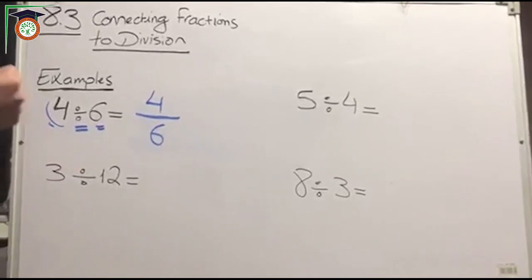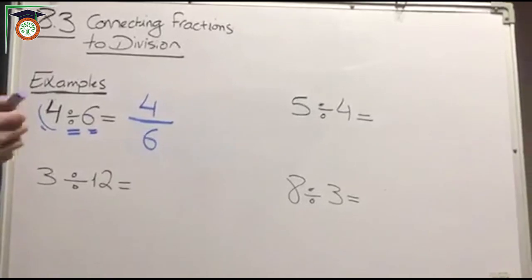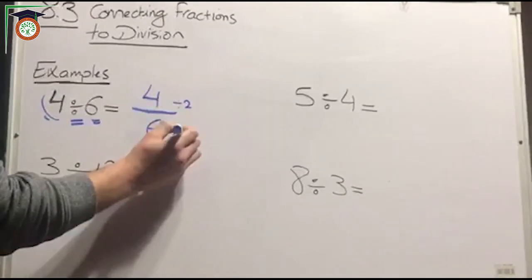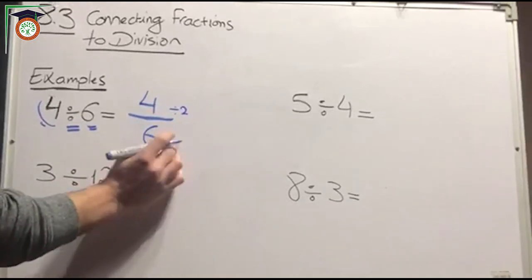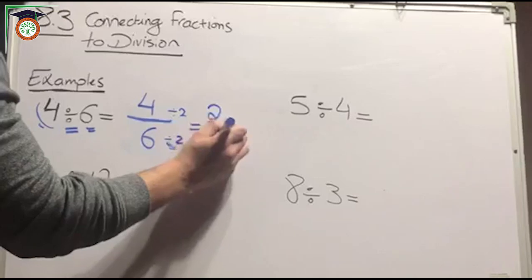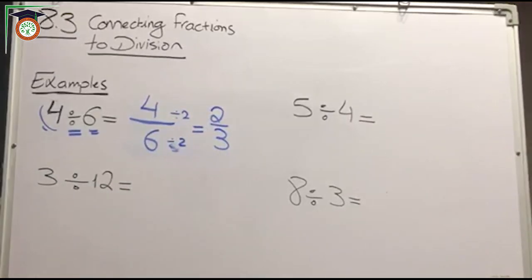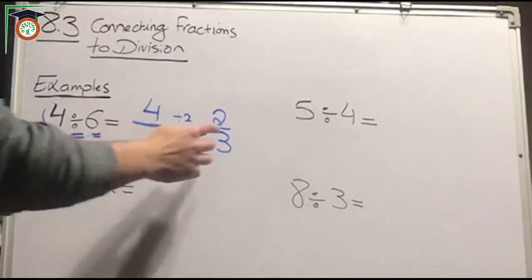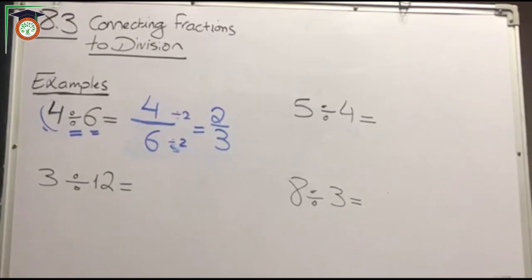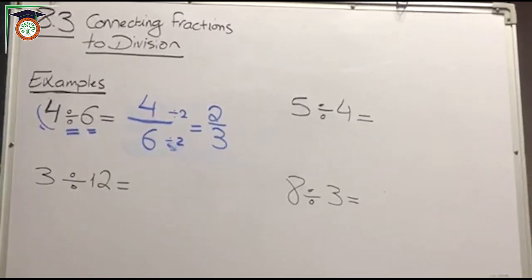So I know that 4 and 6 are in timetable 2. That means that I can use the do-do rule to divide by 2 up and below and give myself a 2 over 3. Now, is this the simplest form? Yes, because the difference between the number above and below is only 1. So it's impossible that they can be divided by the same number.